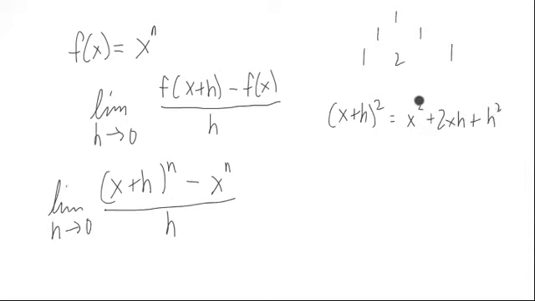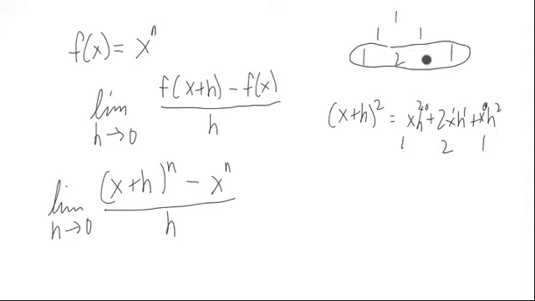Notice the powers of x go down from 2 to 1 to x to the 0 even, if you want. And then powers of h go h squared, so 2, 1, and then h to the 0. Then notice that the coefficients are 1, 2, 1. They appear right here in this triangle, 1, 2, 1.